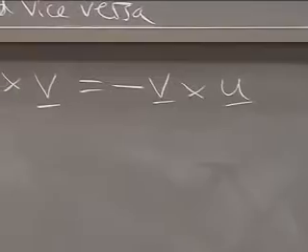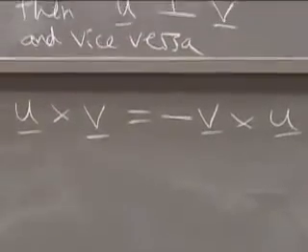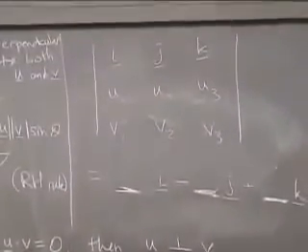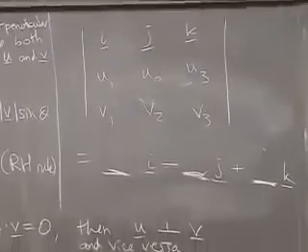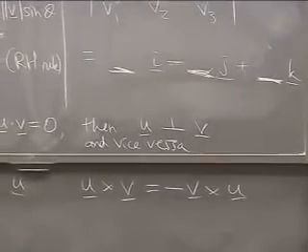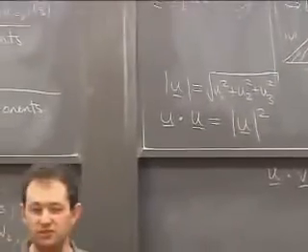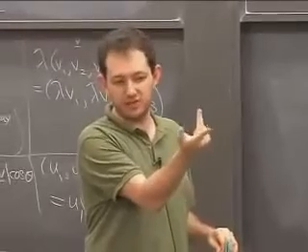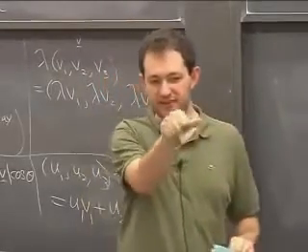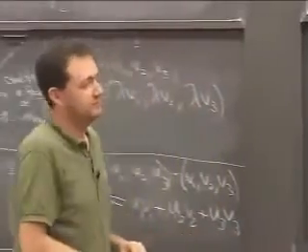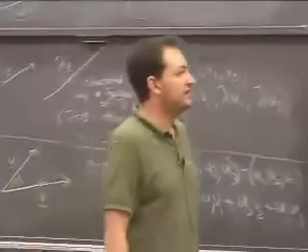In other words, if you flip the bottom two rows up here, you will find that you get the negative of whatever you had before. So you've got to get the order right when it comes to the cross product. That's actually just another manifestation of the right-hand rule. Here's U, here's V, this is the direction of the thing. But if I switch around U and V, I actually have my hand here, V and U, so the vector goes the other way. So that's what that formula represents.